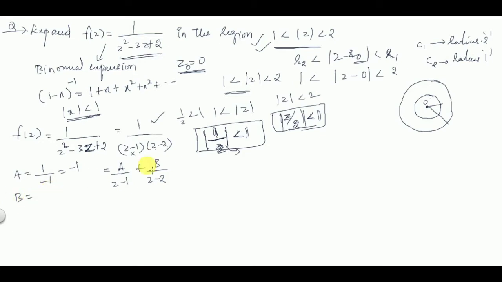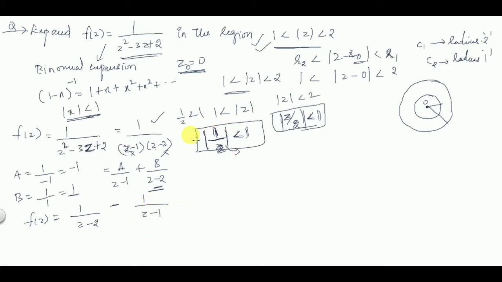B is obtained by substituting z = 2, not considering this term, so 1/(2 - 1) is 1. So f(z) can be written as 1/(z - 2) minus 1/(z - 1).